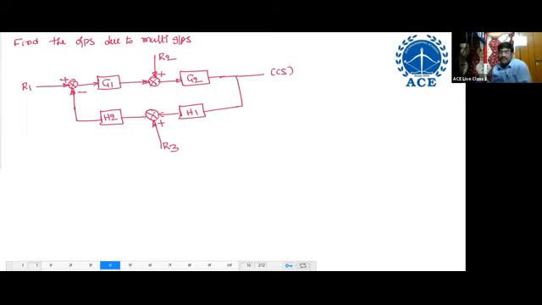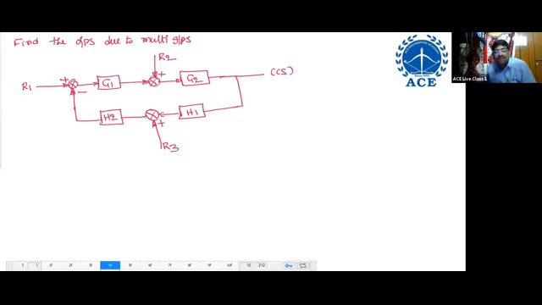Come on, get it. Find output due to multiple inputs. R1, R2, R3, multiple inputs. Each time you have to consider only one input.